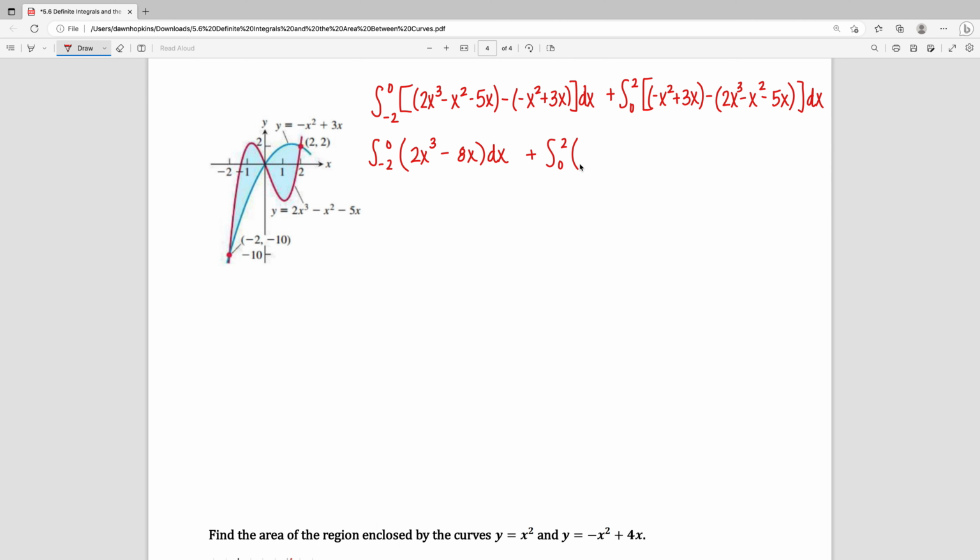The second one is going to be the opposite. -x squared minus -x squared. Again, it's going to be -x squared plus x squared will cancel. 3x minus -5x is 3x plus 5x, or 8x. Then minus 2x cubed.